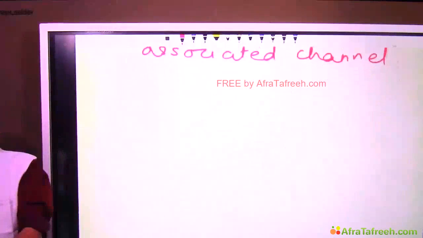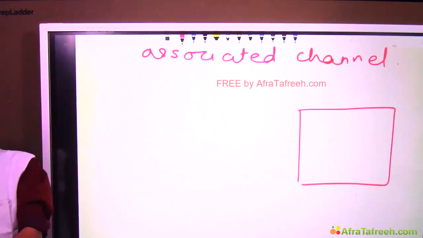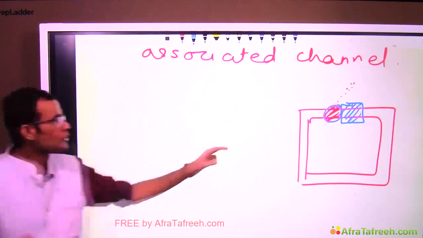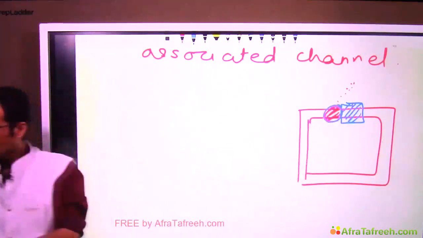So how does this work? There is a G protein in the membrane, and a certain ligand arrives and combines with the G protein associated receptor. Here is a receptor and here is a G protein, so G protein coupled receptor.